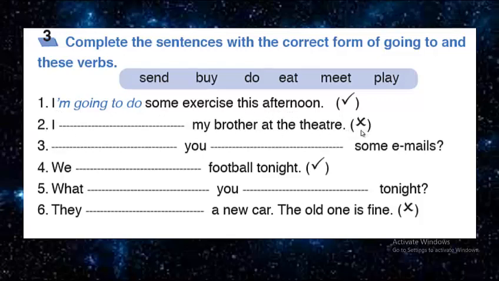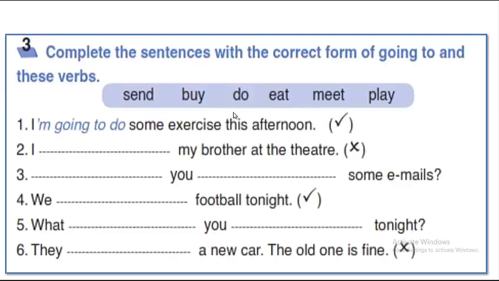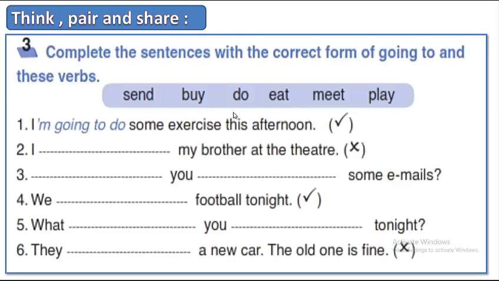Here, my dear students, the cross means that we are going to use the negative form. Who can answer it? Number 2. Take your time. Let's see your answer. That's right. I am not going to meet my brother at the theater.